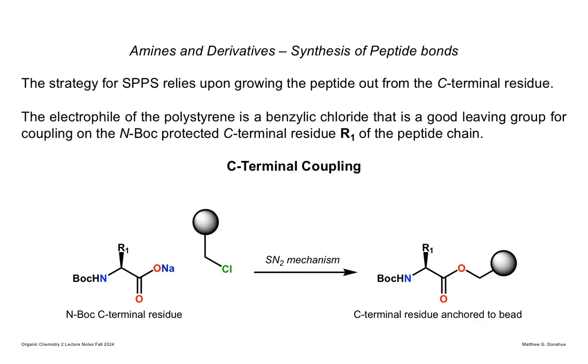So the way that you get your C terminus on there is through an SN2 reaction of the carboxylate. So that's just the carboxylate displacing that chloride. Now it's anchored. And I'm showing this as like one, but imagine that bead is just surrounded by that first amino acid at the C terminus.